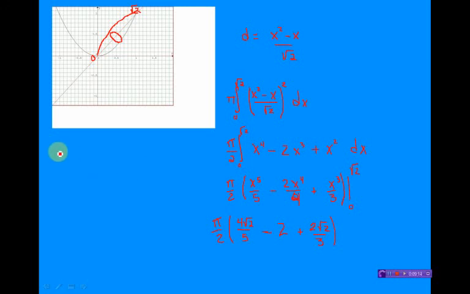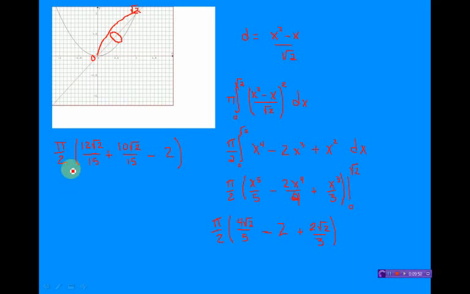From here, we can just combine like terms. Let's see what we have when combining like terms. I'm going to write it right underneath. I still have pi over 2. I can combine the 4 square roots of 2 over 5 and the 2 square roots of 2 over 3, so that's going to be a common denominator of 15. So it's going to be 12 square roots of 2 over 15 plus 10 square roots of 2 over 15 minus just 2.